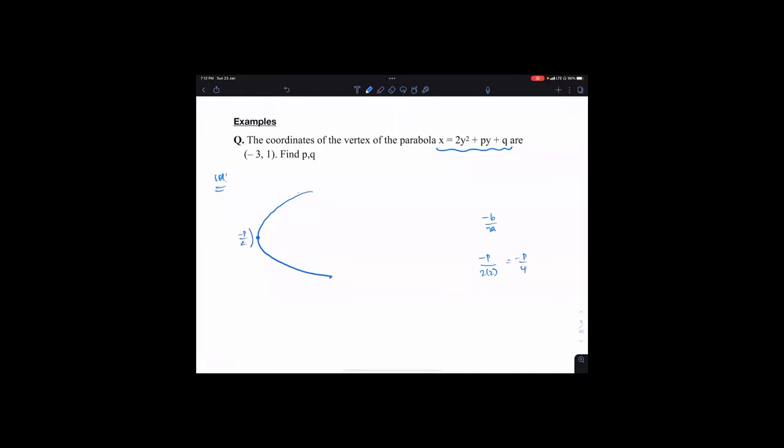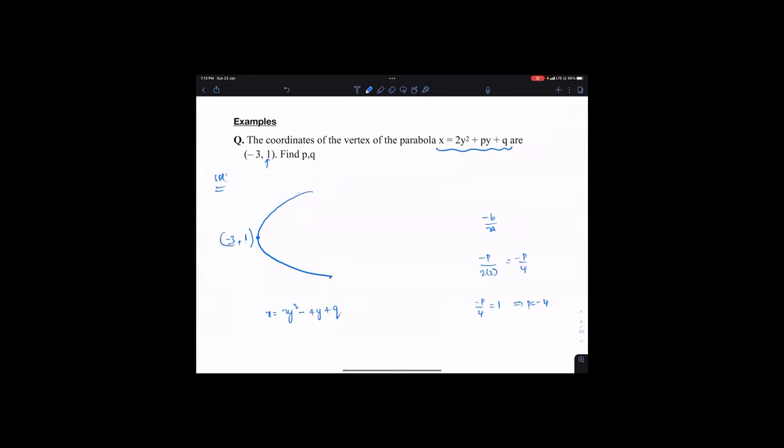But they have given that minus p by 4 is how much here? 1. The y coordinate of the vertex is 1. So which means p is minus 4. So now I can write the equation as 2y square minus 4y plus q. And the x coordinate of the vertex is minus 3.